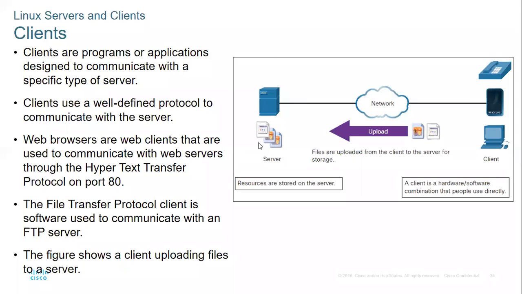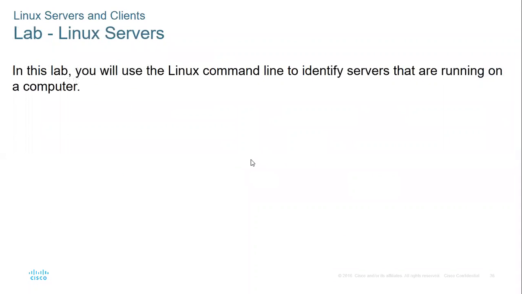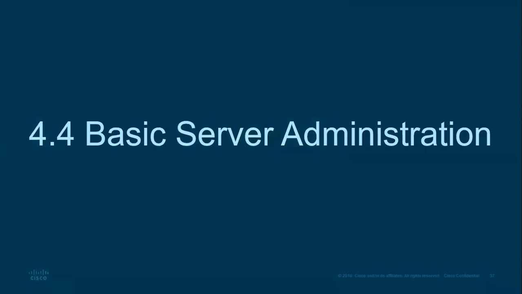Okay, so when the server answers, the answer will go to the very source port number. That's how things work. The client will ask for the resources from the server, and then the server will provide the resources. So that's a lab we're going to do.